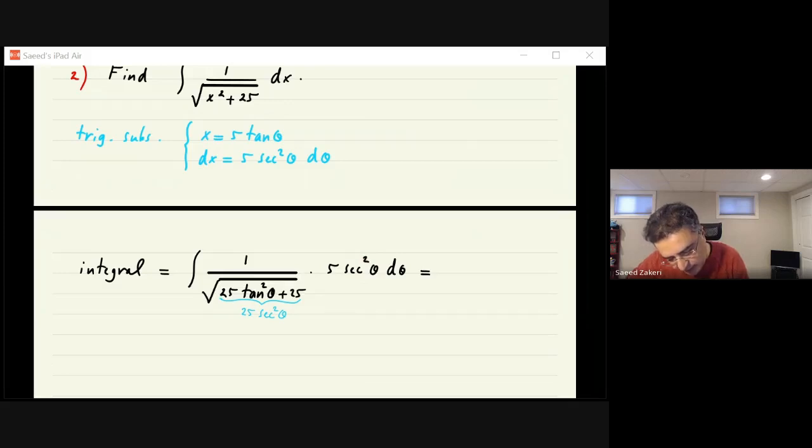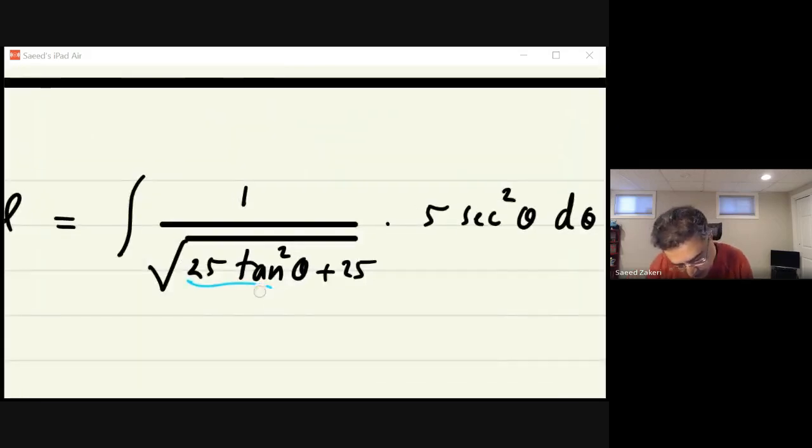You know what? I want to make sure this is not confusing later on. Let me just make sure everything is perfectly under the radical. It's covered by this.